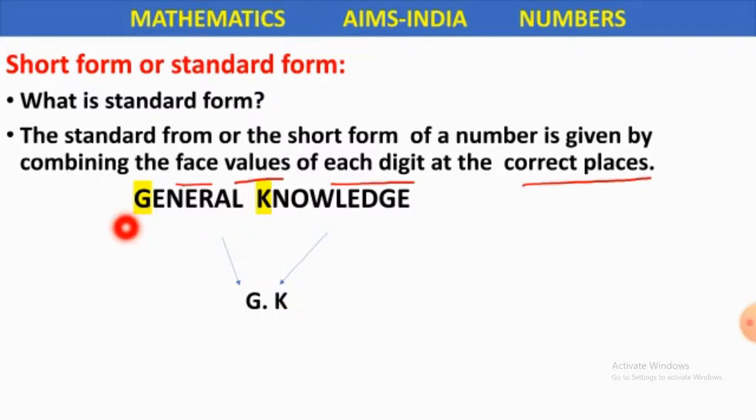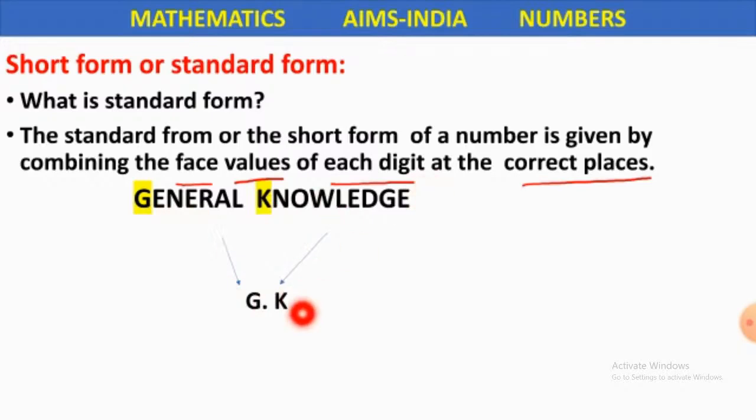Yes or no, children? Instead of calling it as general knowledge, such a big word, we make it into a small word which is GK. G is the first letter of general and K is the first letter of knowledge. This is called as short form here.